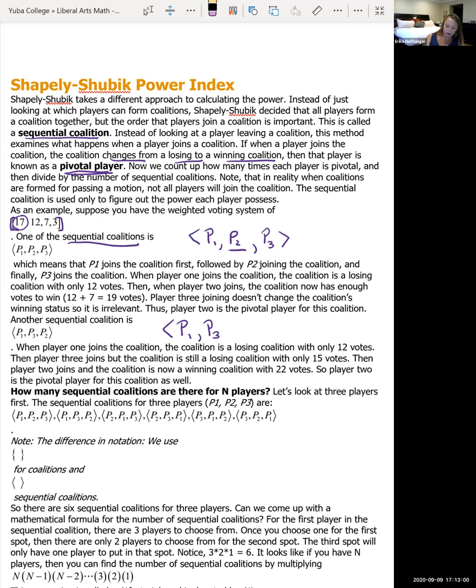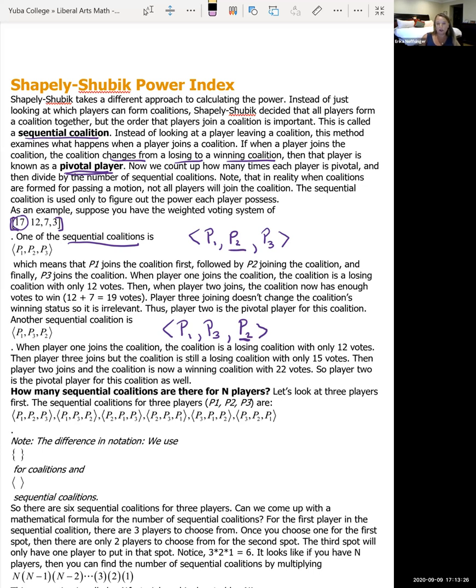That doesn't meet the quota, and so P3 doesn't make it a winning coalition when joining second. And now if P2 comes into the coalition, they've upped it from 15 plus the 7 that they bring along, which is 22 votes. And 22 votes passes the motion because the quota was 17. And so we're going to underline P2.